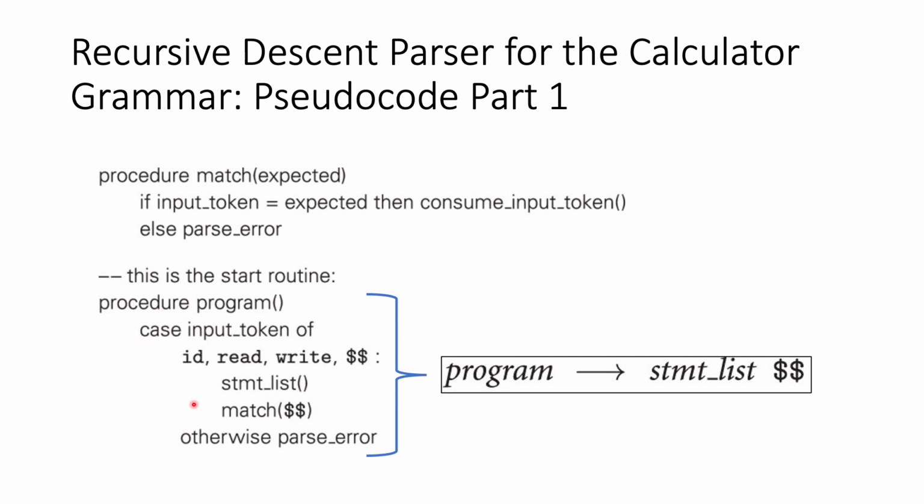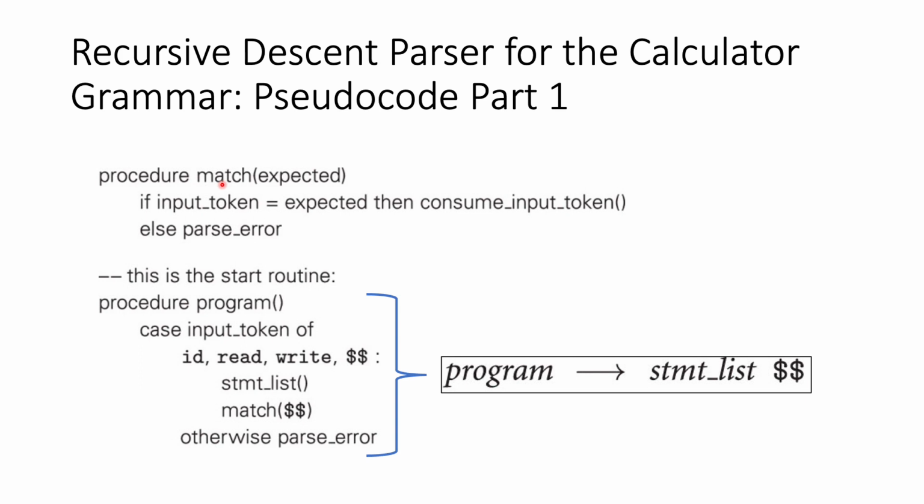This first part contains the subroutine for the non-terminal program, which is the start symbol of the calculator grammar. The parser also has a mechanism input token to inspect the next token available from the scanner and a subroutine called match to consume and update this token.